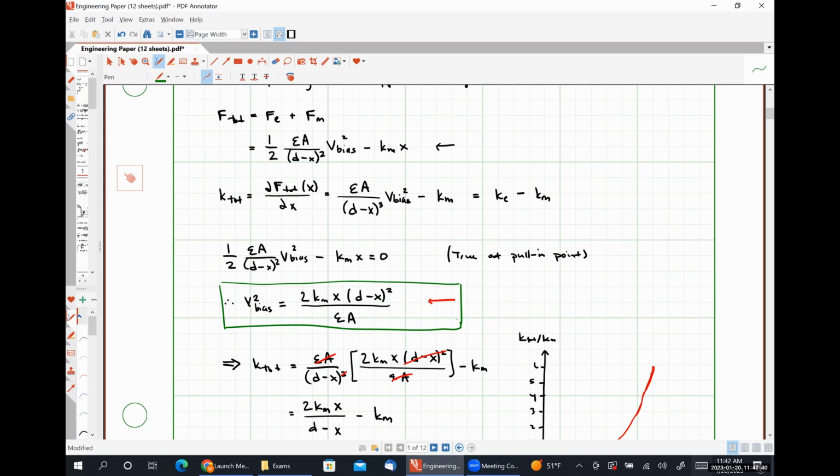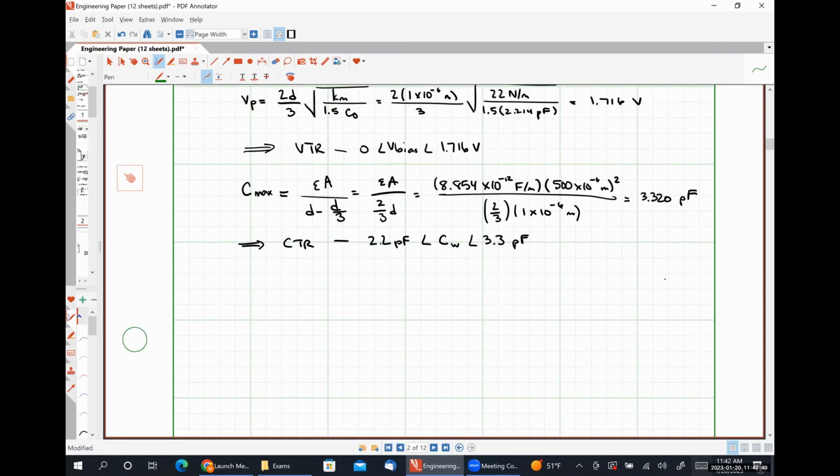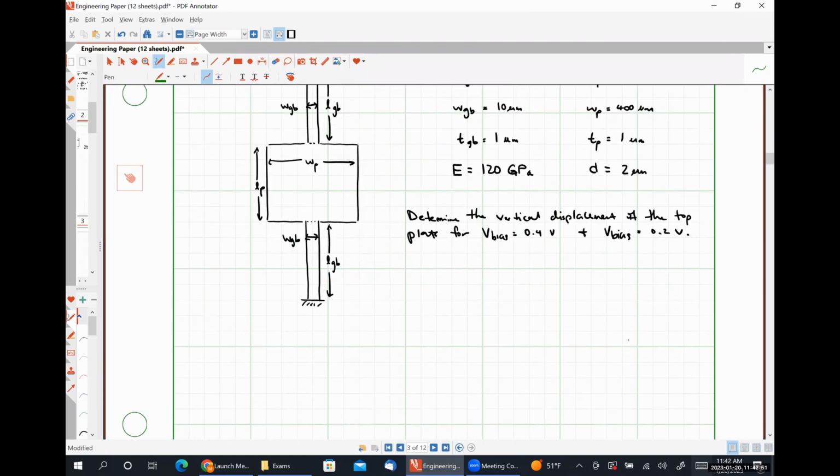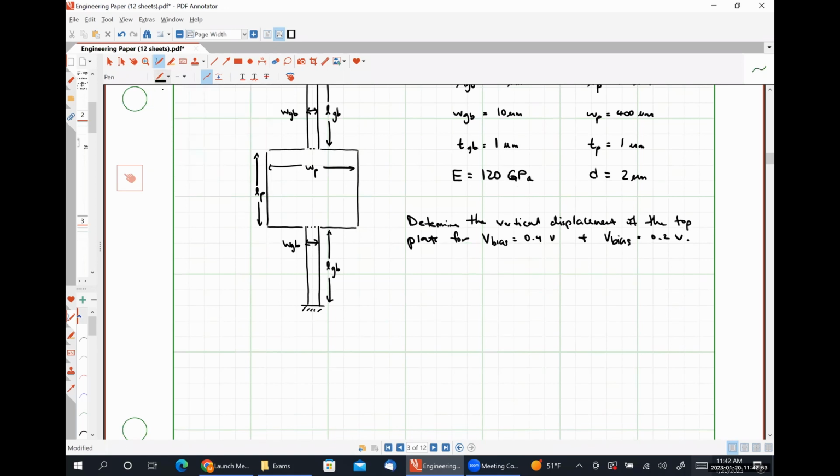One of the first things that we're going to need to figure out is the mechanical spring constant of our system. So for one of our guided beam springs, our spring constant is 12 EI, where I is the second moment of inertia, over the length of our guided beam spring cubed.